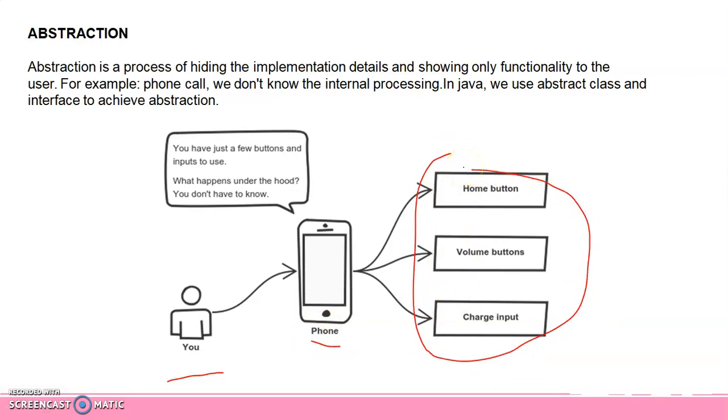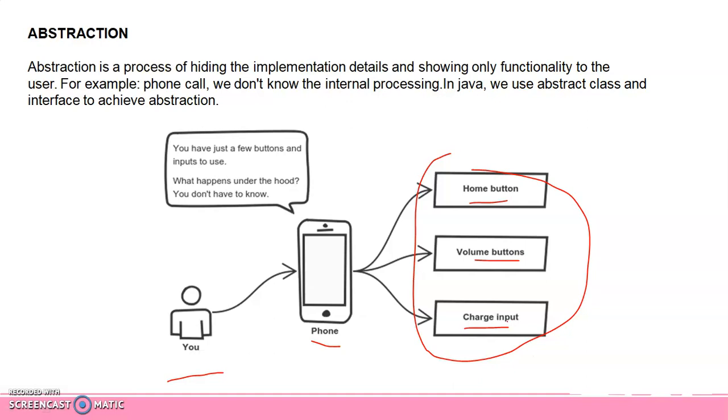We have just a few buttons and input to use. What happens under the hood, we don't have to know. How the buttons work, we don't know. How the home button, volume button and charge input work, these implementations, these executions, are hidden.